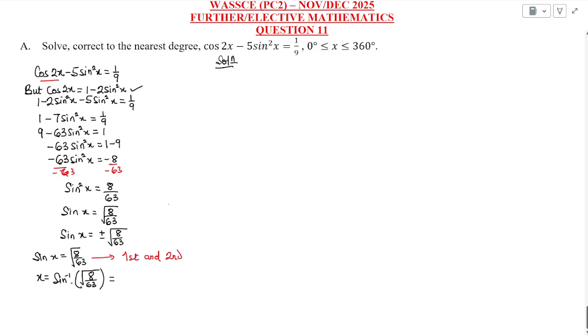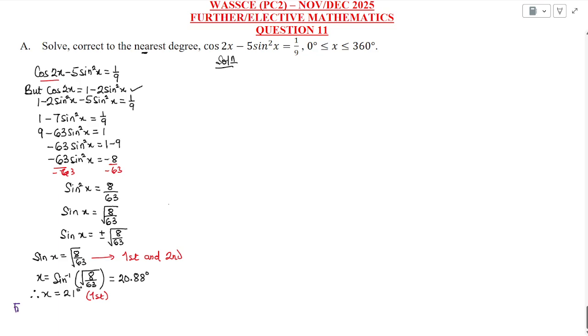The value for x gives us 20.88 degrees, but we should leave our answer to the nearest degree. So the first value for x is 21 degrees, and this is for the first quadrant. We also need the answer from the second quadrant.